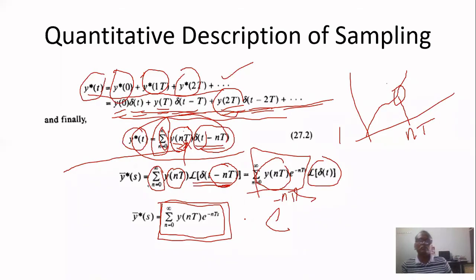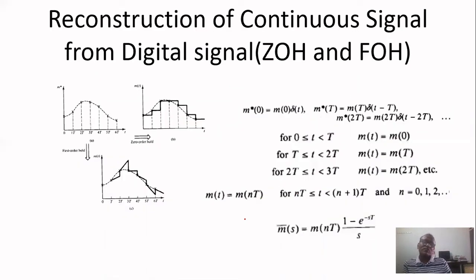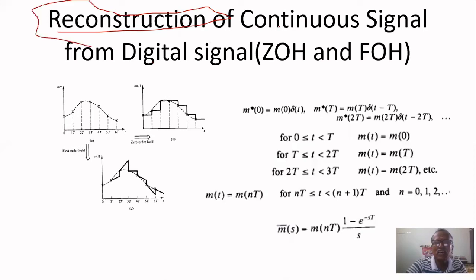Yesterday we saw the difference between a discrete time signal and a digital signal. Here, these star signals are discrete time signals. Now let us reconstruct the original signal from the sampled data.